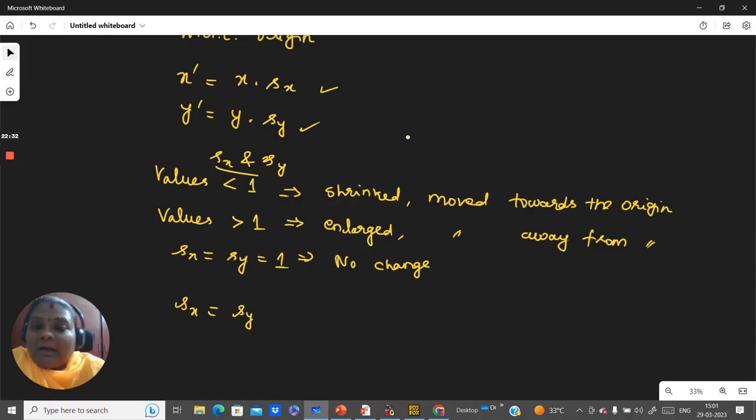But when you give them equally, that is called uniform scaling. When the sx value and sy value are different, then it is considered differential scaling. So when they are equal, it is uniform scaling, else it is differential scaling.